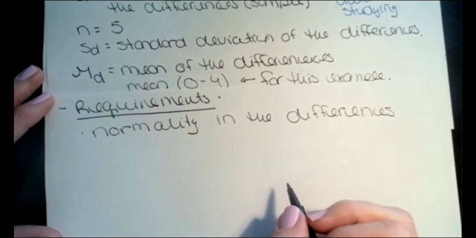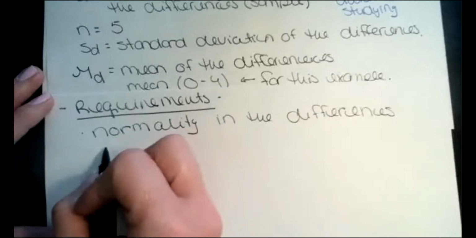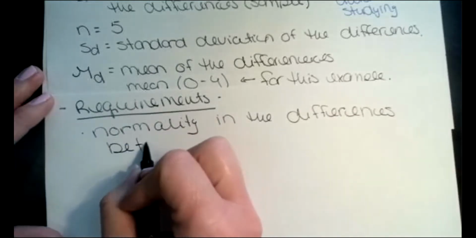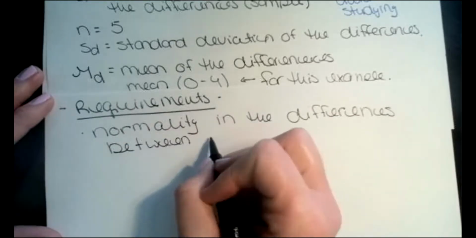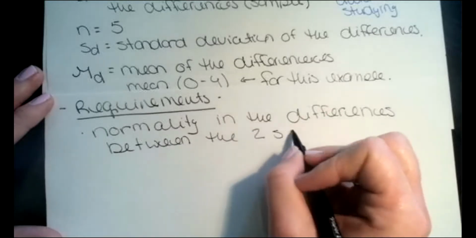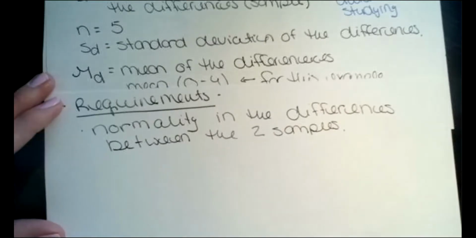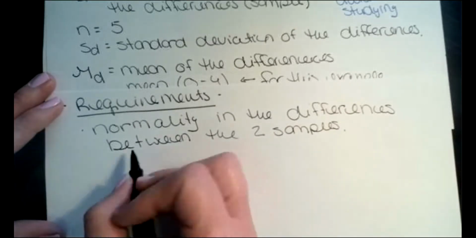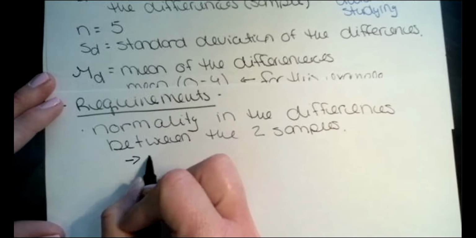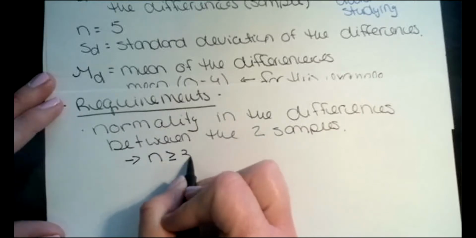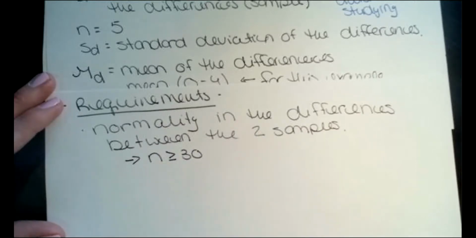So, and I'm just going to say between the 2 samples. Okay. So again, you can check that n is greater than or equal to 30. That's the easy one.